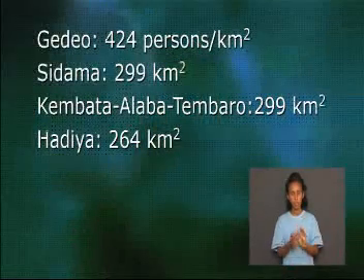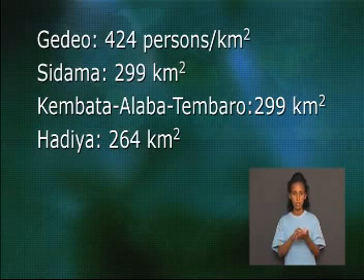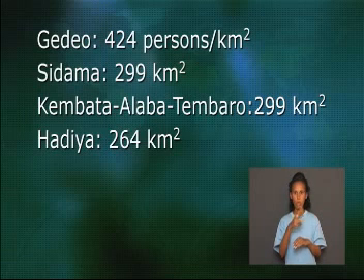Population density can also be thought of in terms of zones. If we look at it this way, the variation of population density is much greater than if we compare regions. For example, there are several zones within Ethiopia that have population densities of over 200 people per square kilometer.